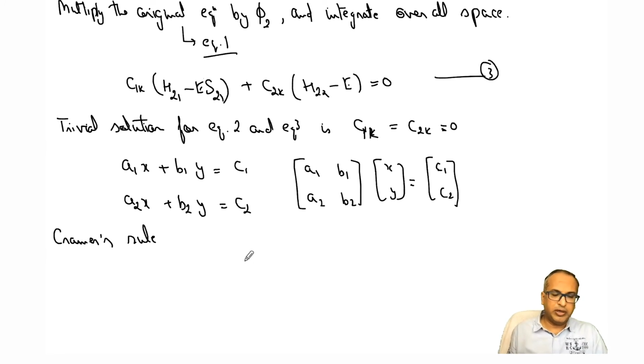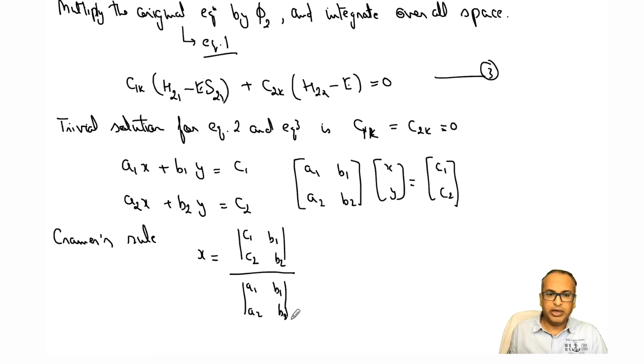So what did we do there? x can be written as a determinant where we replace the first column of coefficients by C1, C2, and the second remains as such, divided by the determinant of A1, B1, A2, B2, right?